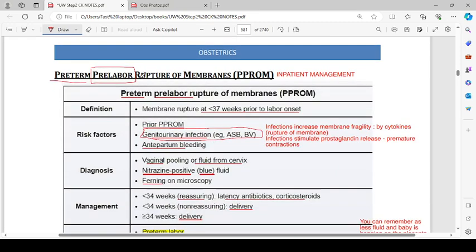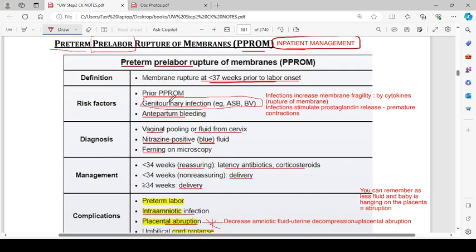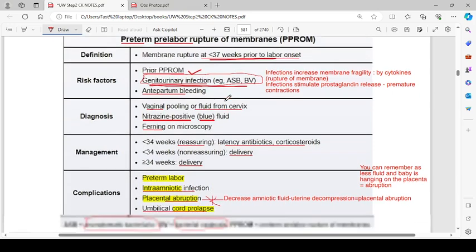Preterm pre-labor rupture of membranes, which is PPROM. We have to do inpatient management of such patients. Definition is membrane rupture at less than 37 weeks prior to labor onset. Risk factors are prior PPROM, genitourinary infection, for example ASB and BV.